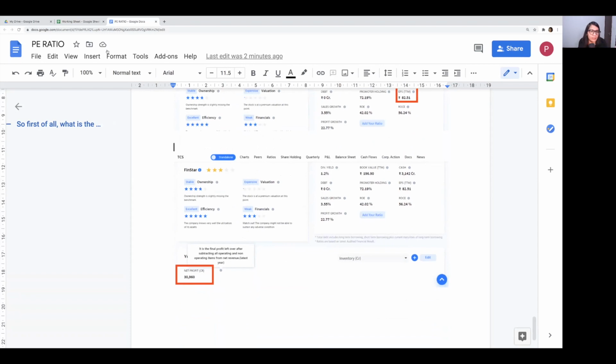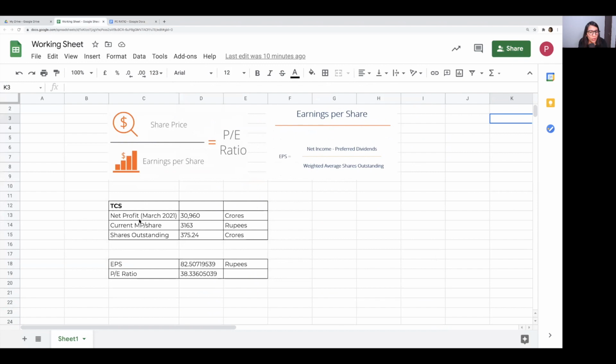Let's move back to the Excel. So first of all, we will need net profit as of March 2021 because that's when we were calculating. So if you see different figures on your screener for TCS, that's okay because the price changes and the EPS will effectively change according to that, right?